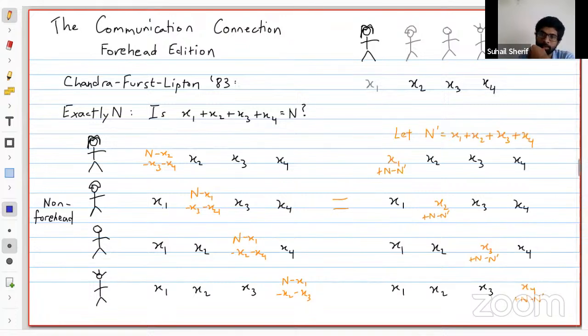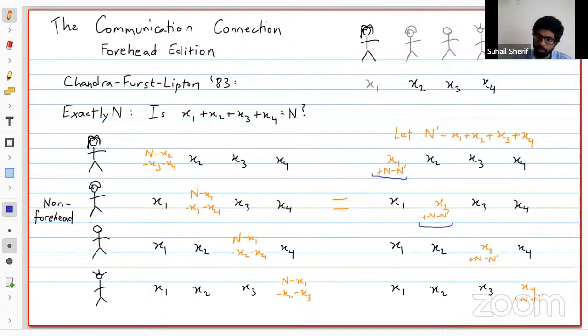Now, the reason this is useful is that you can rewrite what they've done over here. If n prime is the actual sum of the four inputs that we care about, then what player 1 has computed over here is exactly x1 plus n minus n prime. Similarly, player 2 has computed x2 plus n minus n prime, and so on.